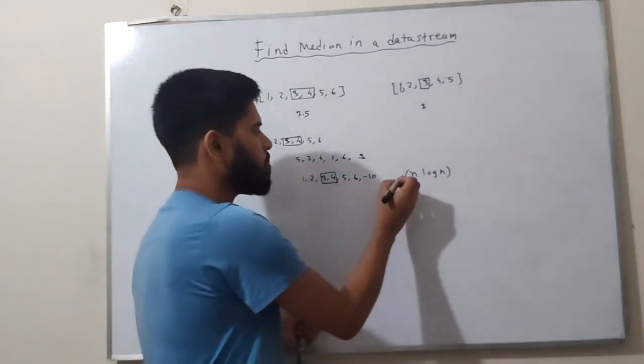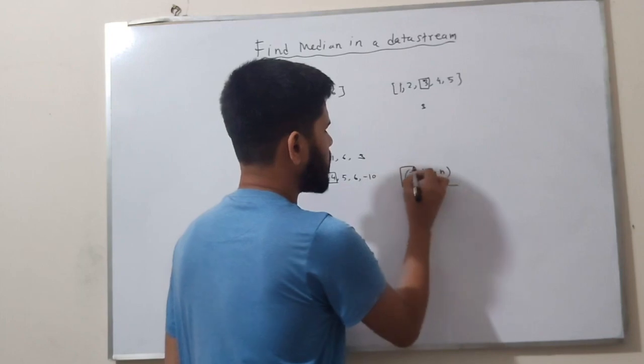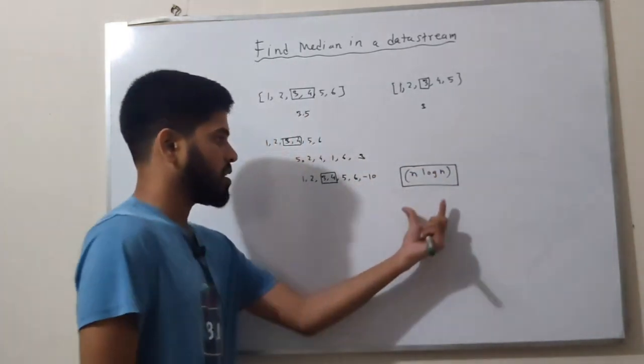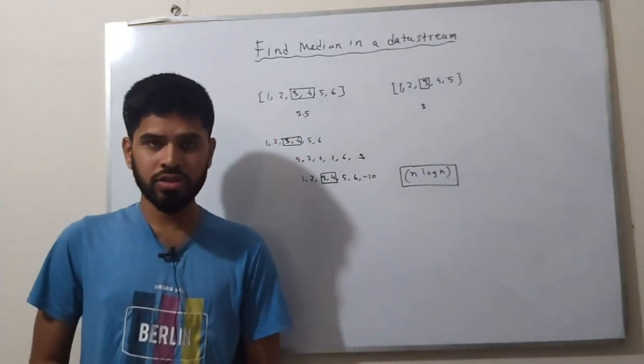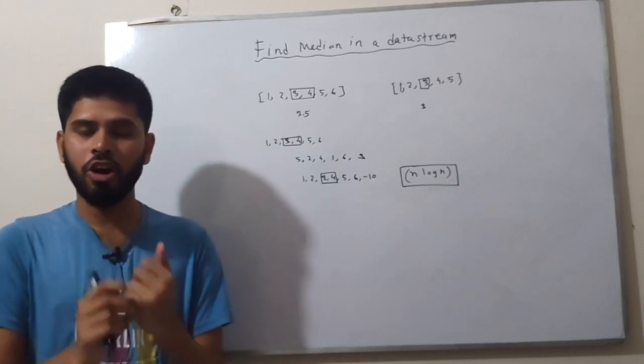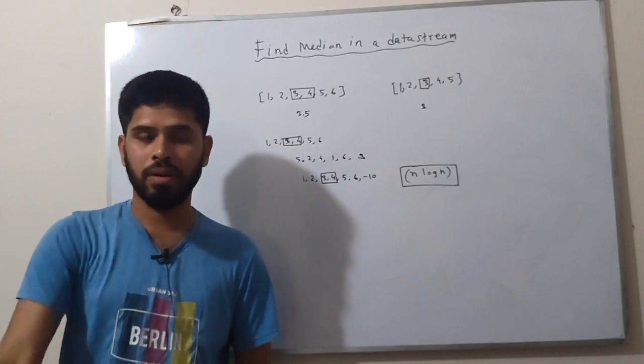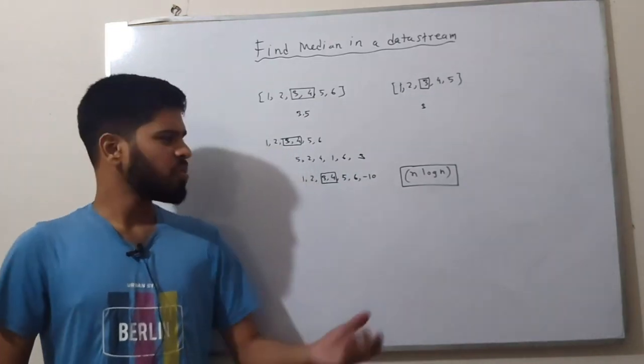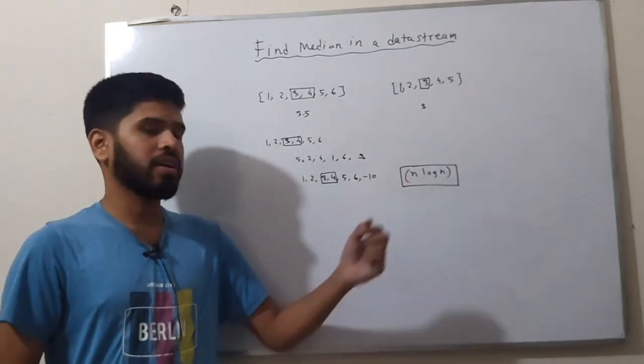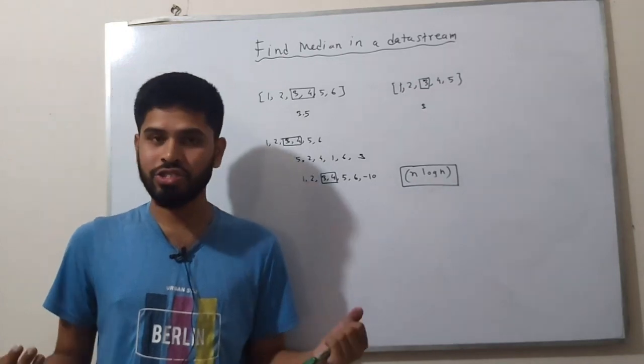So the sorting operation will take time complexity of n log n. Is this an efficient solution? If we have millions of median find operations after adding some number of elements, we'll always have n log n time complexity. That is not good.